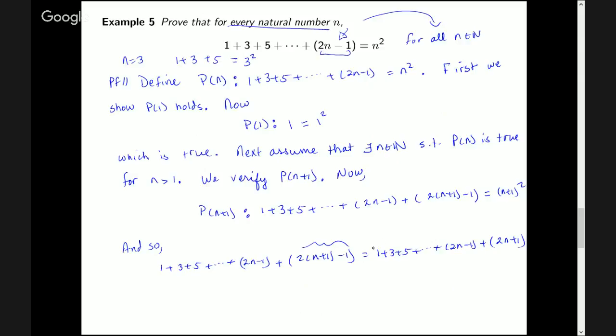Now, watch very carefully. This part right here, I know what that's equal to from my assumption step. I know that P of n is true. What is the statement for P of n? Oh, I took it away. Did you guys see that? Let me write it again.